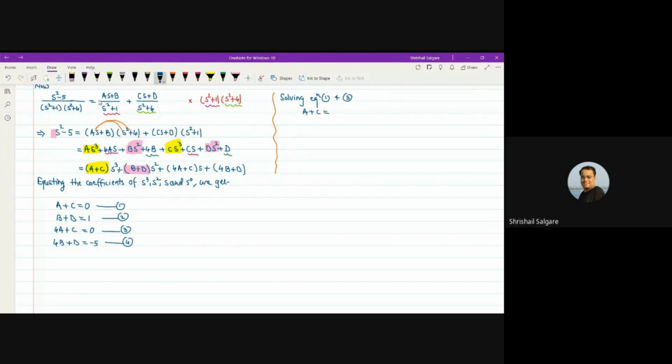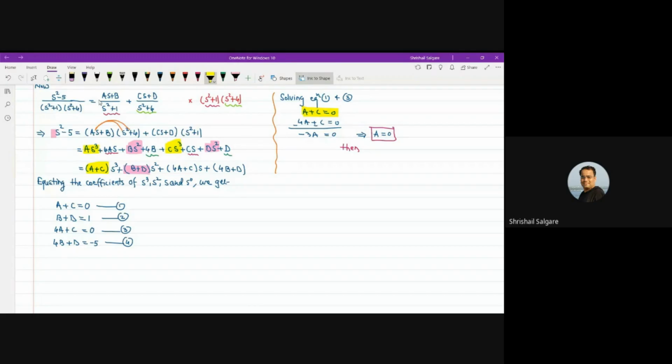A plus C equal to 0, 4A plus C equal to 0. If you subtract, then you will get minus 3A equal to 0. So this implies A is equal to 0. If A equal to 0, then what is C from this equation?